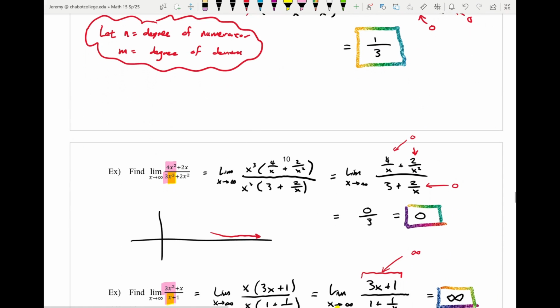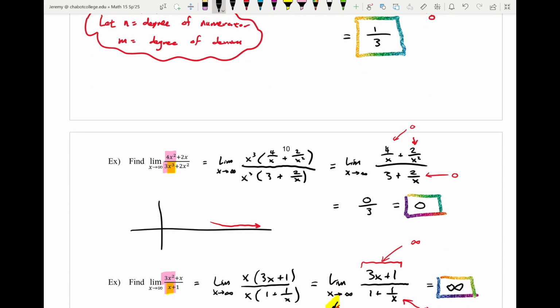Right? The next example, we had the degree of the numerator, n, was less than the degree of the denominator, m. And in this case, we know from pre-calculus that the horizontal asymptote should be the line y equals 0. That's why we got 0 as our limit.